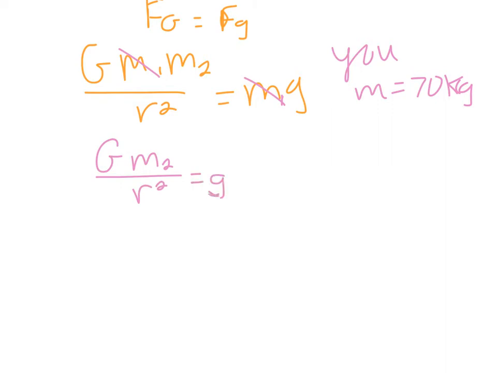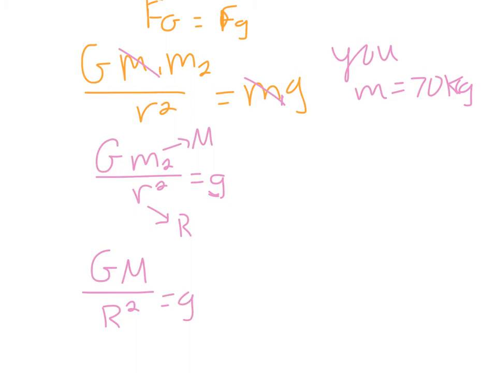So on Earth, your mass 2, in this case, is the mass of Earth, so big M, and the radius of the Earth since you're standing at the surface. So this will be our big R. And again, I'm using big M and big R because those are already stored in your calculator. So g on the surface of the Earth should equal big G times the mass of the Earth divided by the radius of the Earth squared.